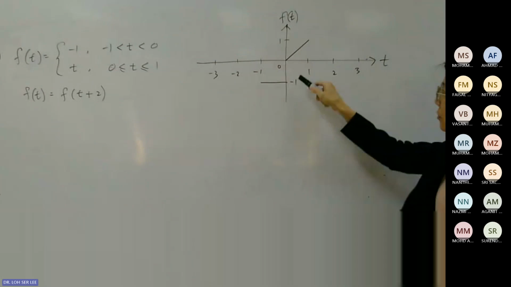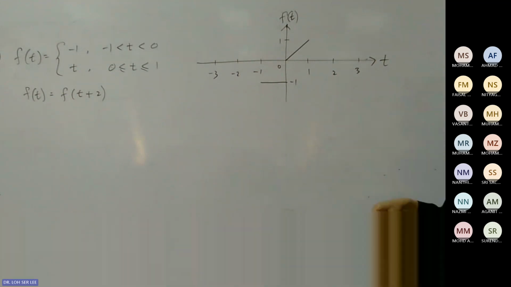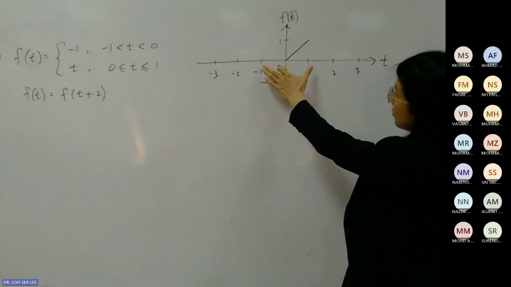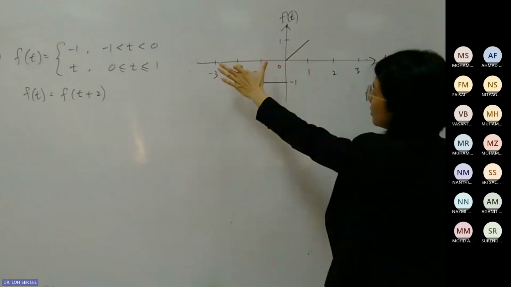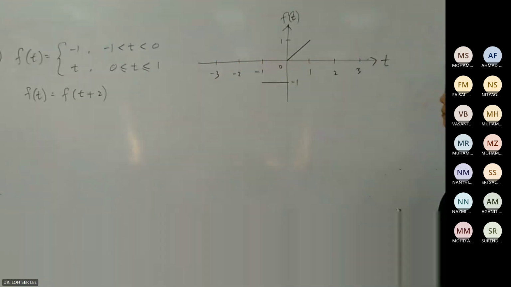So this is one full cycle. Copy paste on the left and on the right. That means you copy the graph in this interval and paste it into this interval and also this interval.